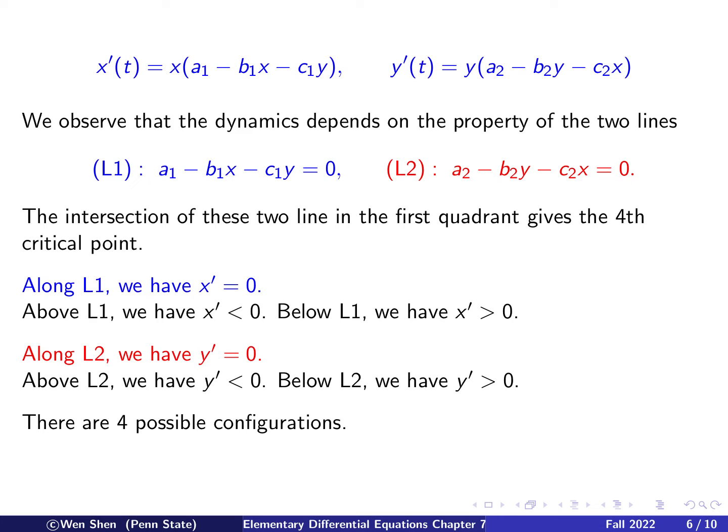So two cases there. And then in the case where these two do intersect in the first quadrant, there are also two configurations: line 1 is first below line 2, and then after intersection they switch the position, and the other way is line 1 is initially above line 2, and then after intersection they switch. Okay, let's take a closer look at all these four configurations.